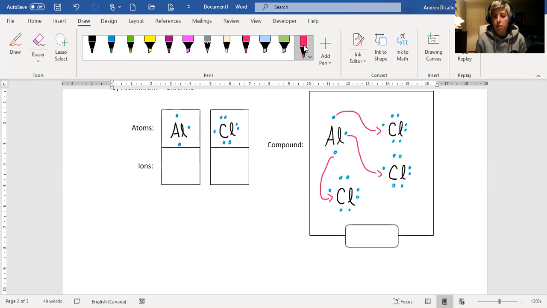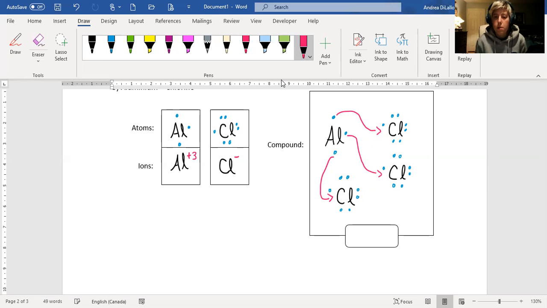Now I have 3 chlorines that are each taking 1 electron from the aluminum, and I have 1 aluminum that has given up 3 electrons.